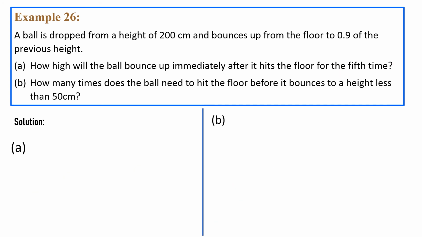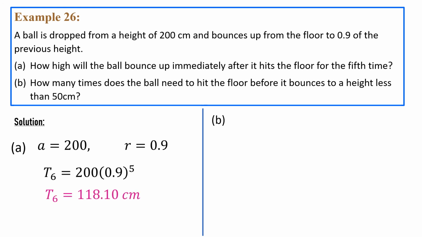For part A, by using a equal to 200, r equal to 0.9, find T6. So we get T6 equal to 118.10 cm.